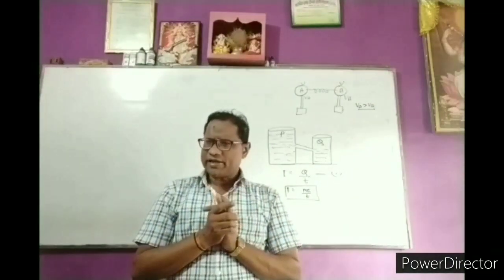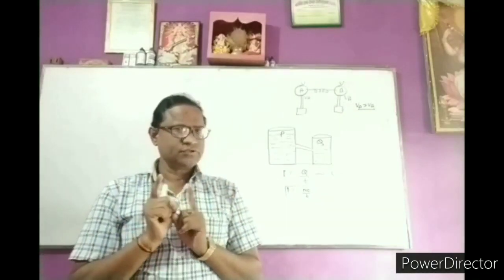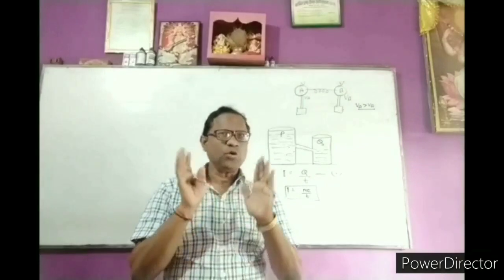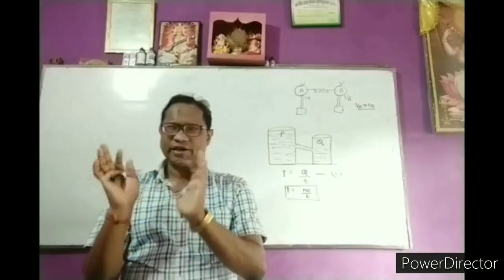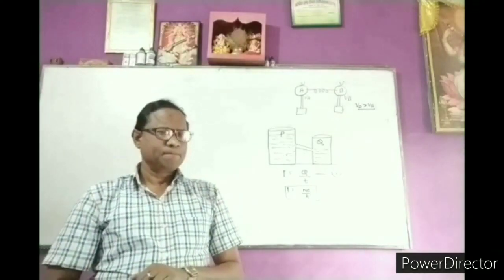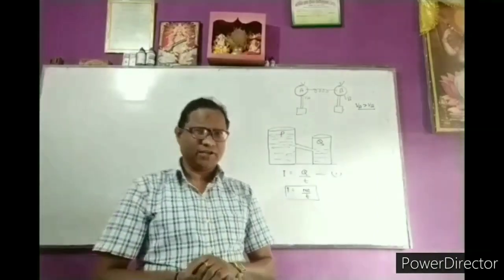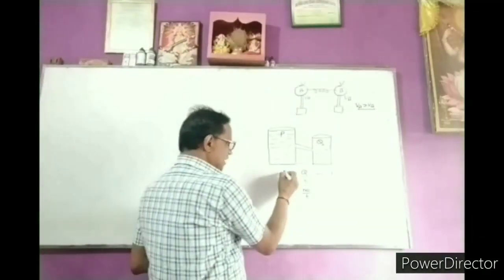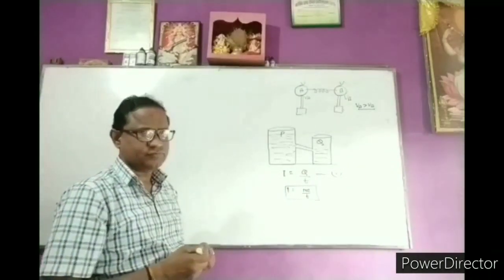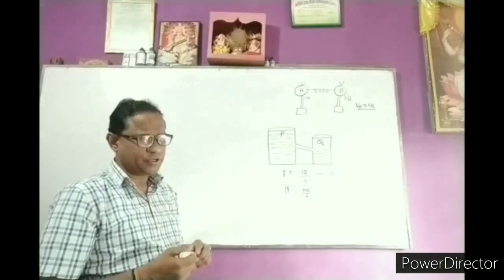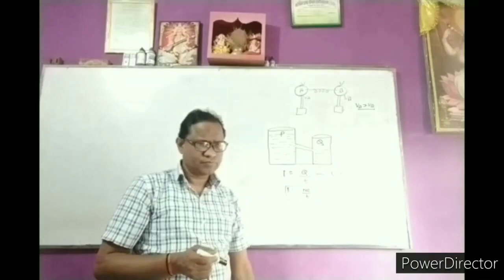electric current is defined as the amount of electric charge flowing through any cross section of a conductor per unit time. Mathematically, it is represented as I is equal to Q by T. It is equation 1.